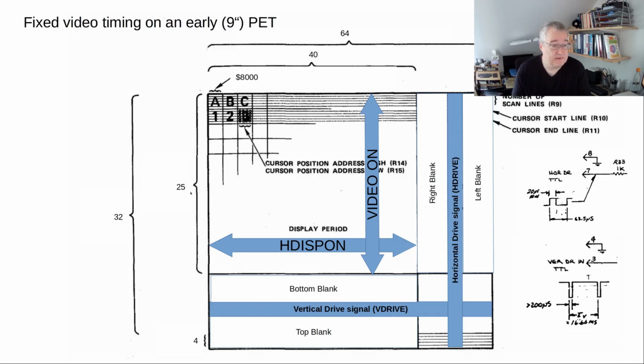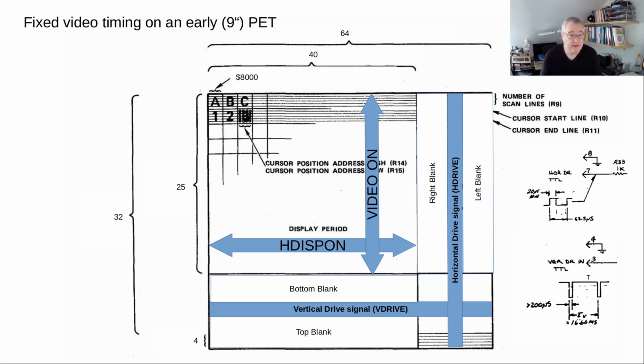So when we look at the fixed timing of the original Commodore PET, we see that when we start here, this is actually memory hex 8000, 32,768. I can very quickly say that in German, but not really in English.